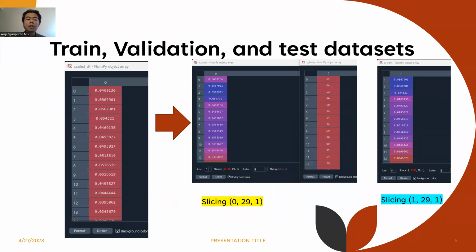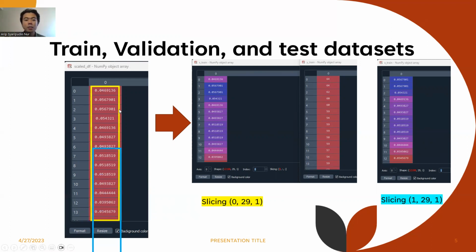So here is how to make the train, validation and test datasets. First, the left figure is the dataset from the whole dataset, and then we capture the first 30 days into a new slice, and make the Y train as the next day.